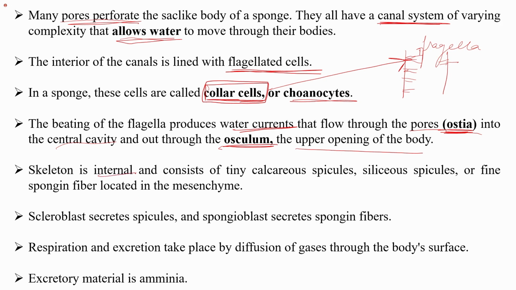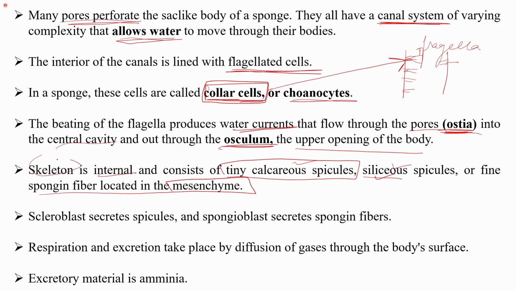The skeleton is internal and consists of tiny calcareous spicules, or they may be siliceous spicules, so they may be made up of calcium or of silica, or fine spongin fibers located in the mesenchyme. They do not have any mesoderm, but they have mesenchyme in which these calcareous or siliceous spicules are present and act as the skeleton.